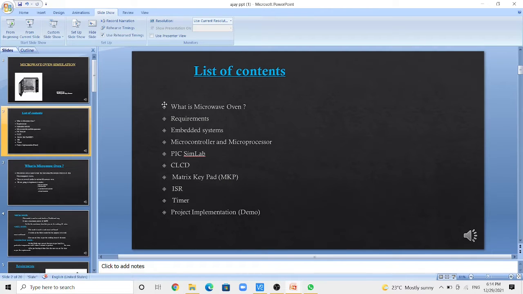After that, you must know the requirements before designing it. Then comes basic knowledge of embedded systems: what an embedded system is, how it is useful in our daily life, and how it is useful in microwave oven design.